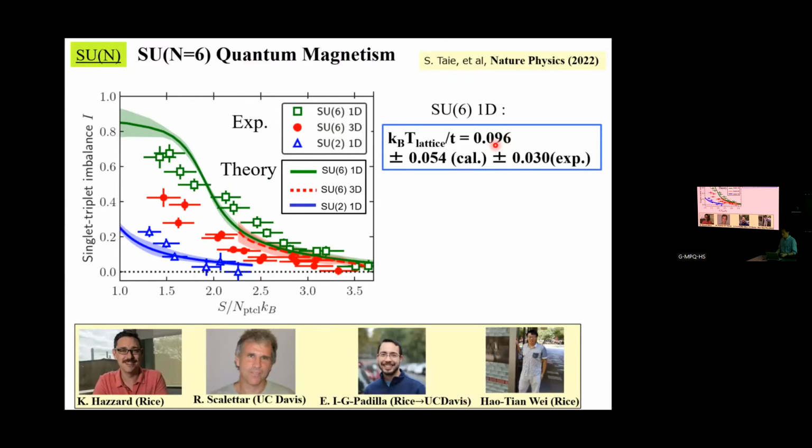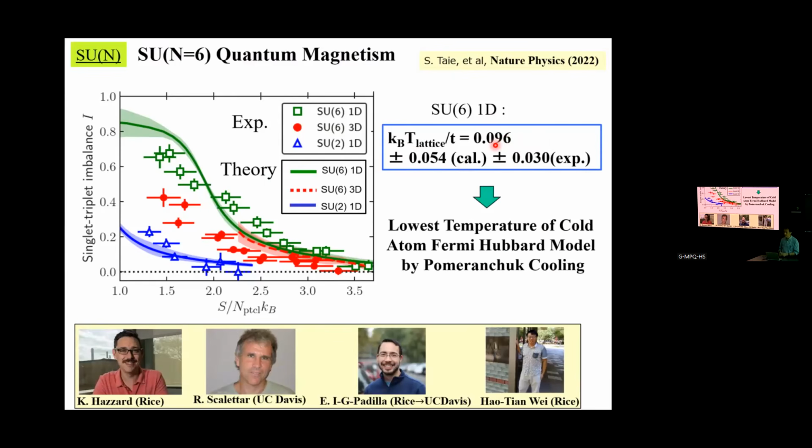This is very cold, and actually corresponds to the lowest temperature of the cold atom Fermi-Hubbard model, which is realized by Pomeranchuk cooling owing to the large spin degrees of freedom. At these low temperatures, interesting quantum phases are predicted, which can be explored by our future experiment.